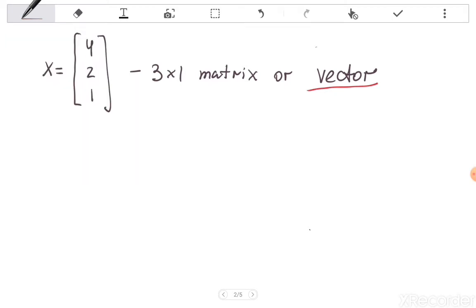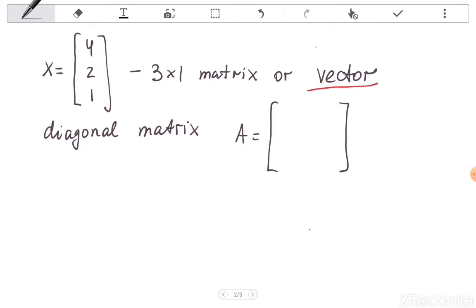Okay, and also depending on the values of the matrix, a matrix can be, for example, diagonal. This is a type of matrix where we have non-zero terms only on the main diagonal. Let me show you what the main diagonal is.